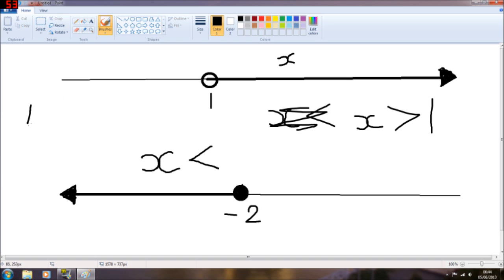So if you write 100 and you have the number 1, 100 is bigger than 1, so you draw this facing the 100. And here, it means x is smaller than -2. But because we have the shaded circle, we also put a line here. So this now represents that x is equal to or smaller than -2.